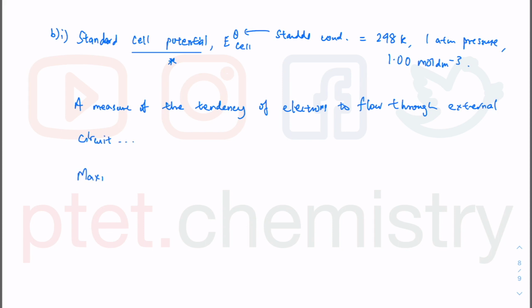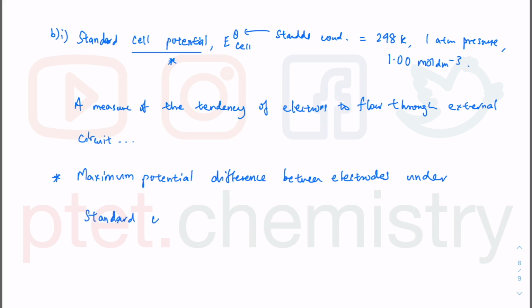So this is in fact probably much better. So the maximum potential difference, the moment you see this term potential difference, is to do with two electrode system. So it's between the electrodes under standard conditions. So this second one is probably a lot more complete compared to the first one.